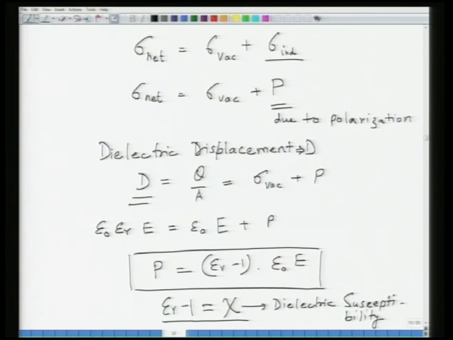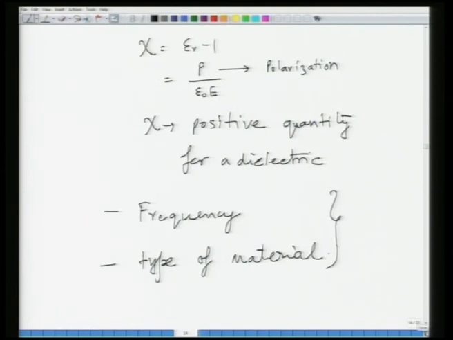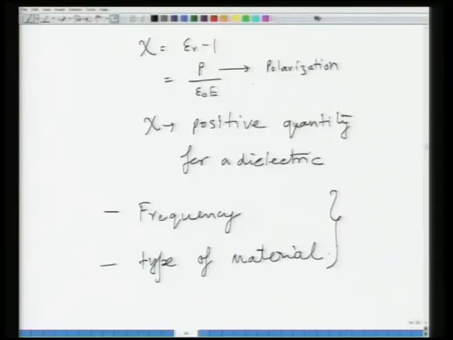One is the dielectric displacement, which is the surface charge density itself according to electromagnetic theory, and which is nothing but sigma vac plus P. From this we find another quantity, the dielectric susceptibility, which is epsilon r minus 1. So, what you have to remember is that epsilon r minus 1, or chi, the dielectric susceptibility, is a measure of the response of the system upon insertion of a dielectric, and it is nothing but the ratio of the polarized charge, or the excess charge, to the charge on the surface of a vacuum capacitor.